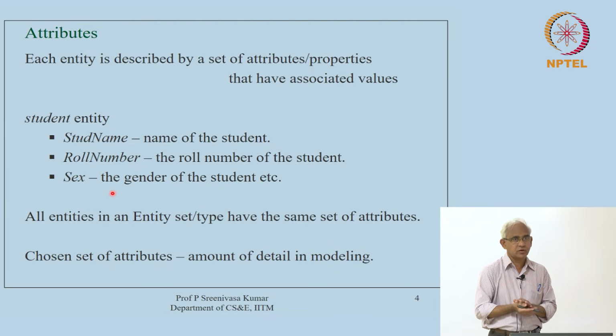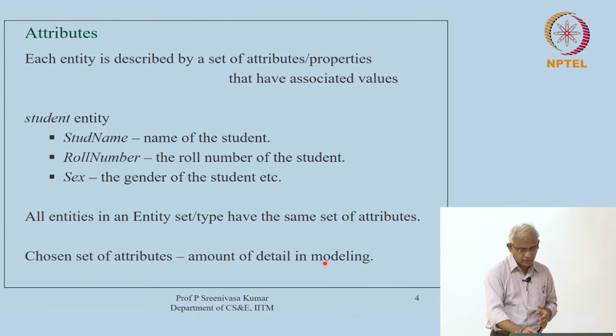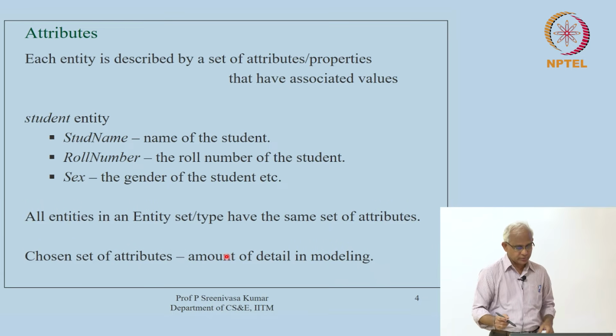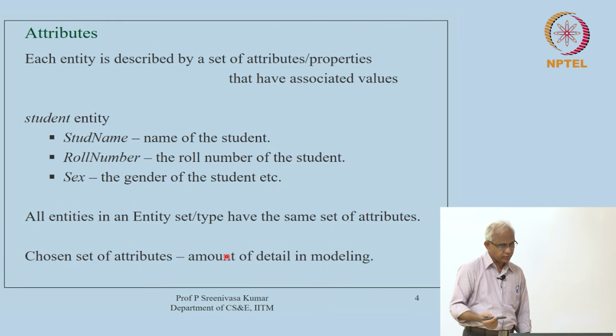That is a matter of how detailed you want to go in the modeling and what is the purpose for which the data is being captured and then used. So, it all depends on that. The amount of detail in the modeling is a design choice. Some appropriate set of attributes would be chosen to serve the purpose of why we are building the database.